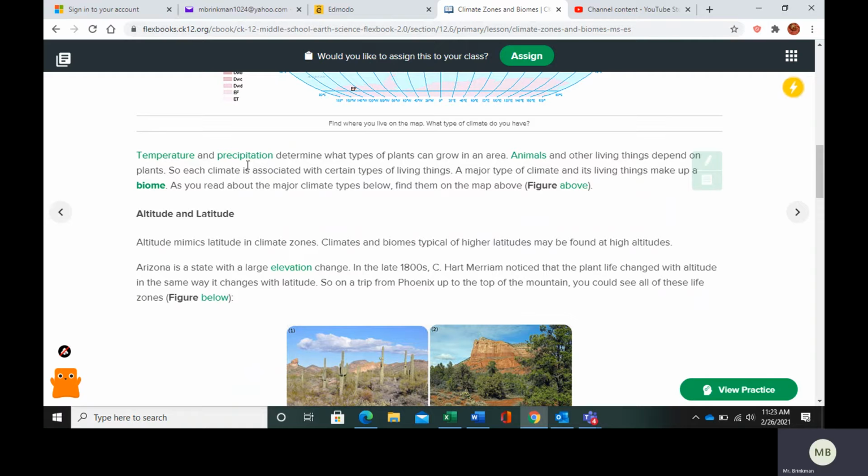So each climate is going to be associated with certain types of living things. So a major type of climate and its living things are going to make up a biome. So for example, we have the desert biome here in Arizona.